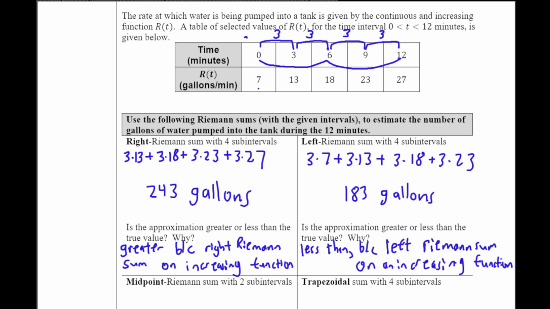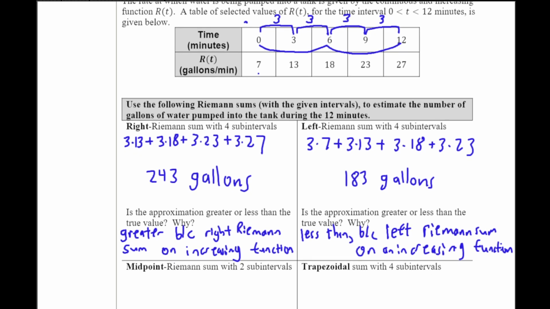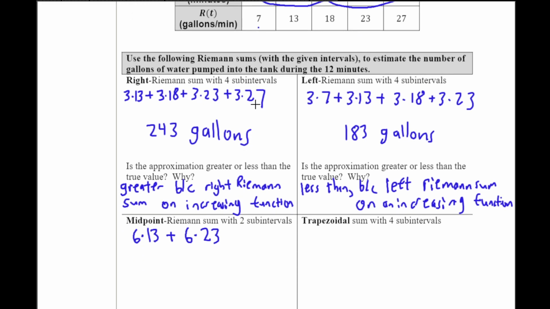The width is 0 to 6, which is 6, and you multiply that by the middle. Instead of the left, which is 7, or the right, 18, it's the middle, which is 13. 6 times 13, plus the width of the second rectangle, which is also 6, but you take the middle number here, which is 23. And then if you do that all on the calculator, you're going to get 216 gallons.